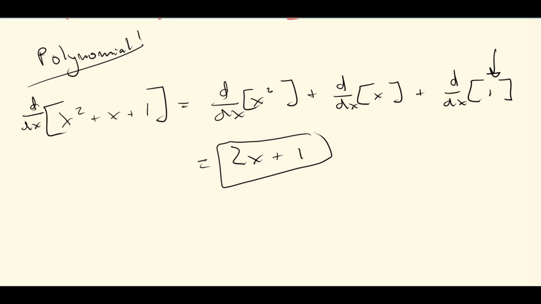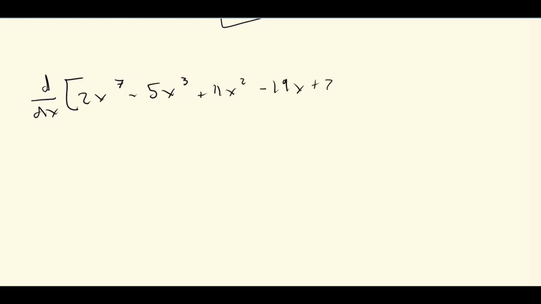And then let's try one last one that's a little bit harder. So this is going to be a polynomial. So the derivative of 2x to the 7th minus 5x to the 3rd plus 11x squared minus 19x plus 24.